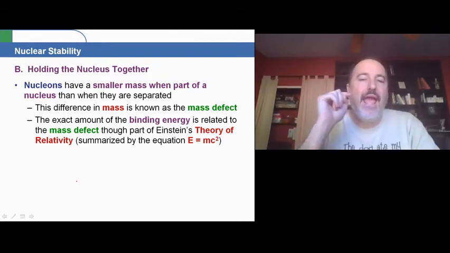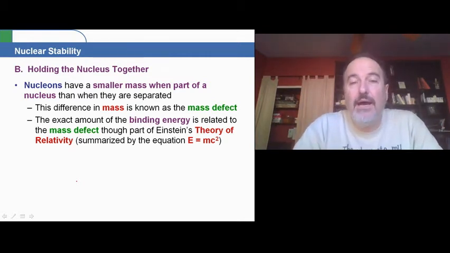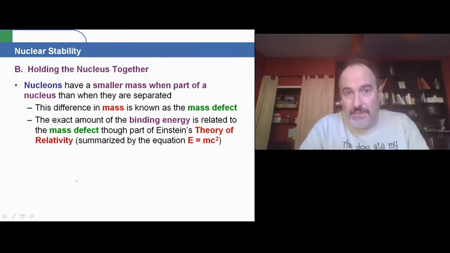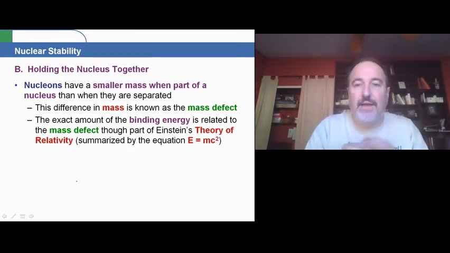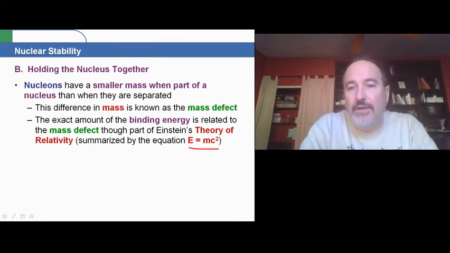All right. The way to calculate it is something that Einstein theorized in his theory of relativity. He came up with this equation in order to measure this amount of energy. This is the famous equation, E equals mc squared. Okay. E represents the binding energy. That's this thing right here.